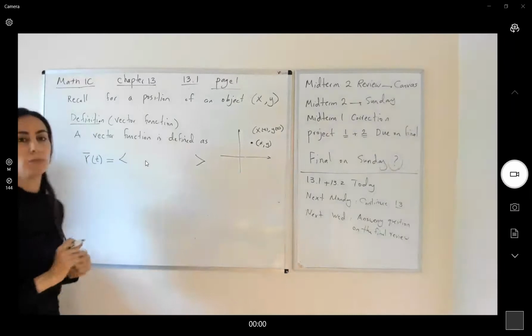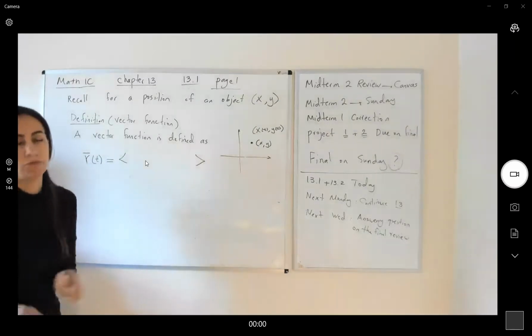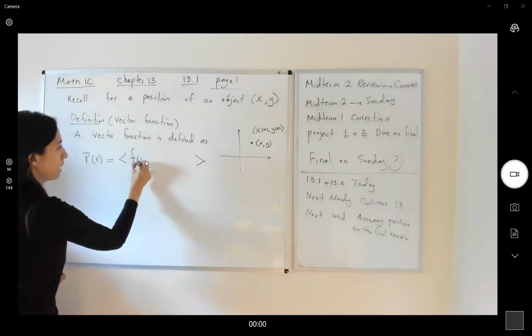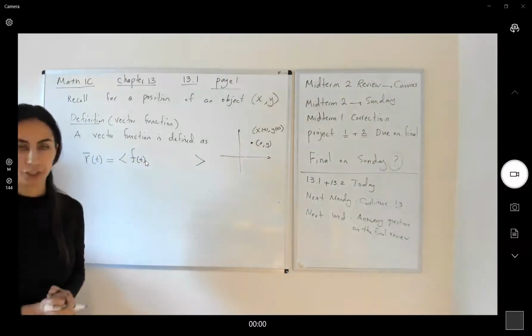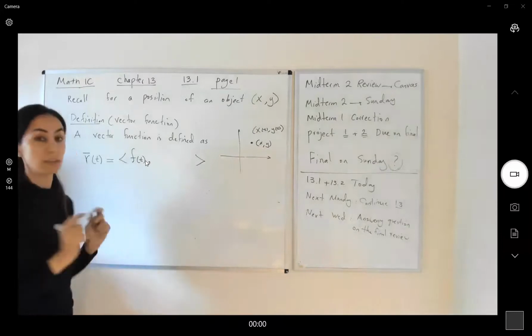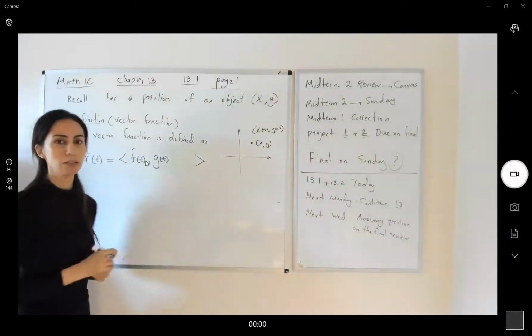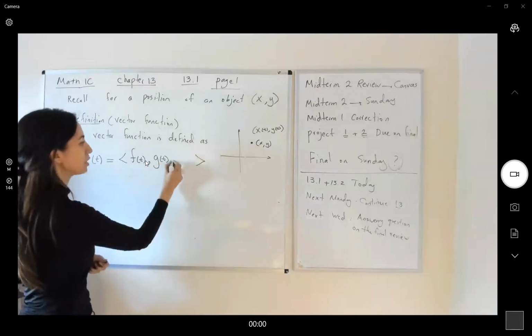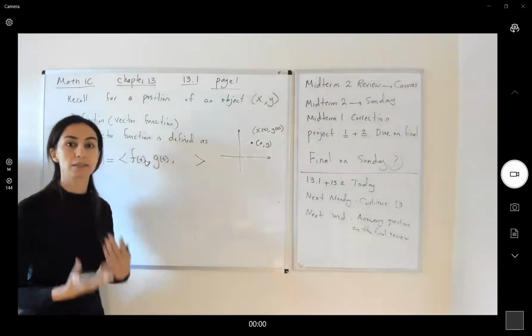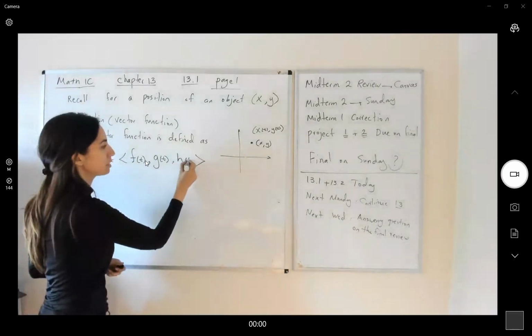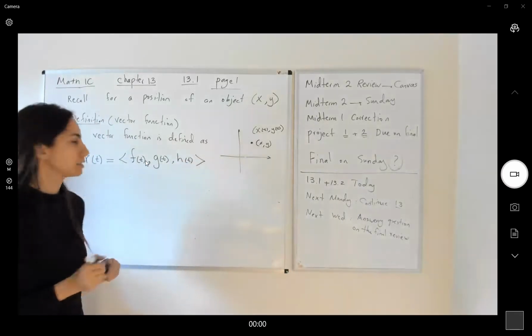The first component is going to be a function. Suppose we use f, which depends on parameter t, comma, the second component, another function, g depends on parameter t, and finally, the third component is going to be a function like h depending on variable t.